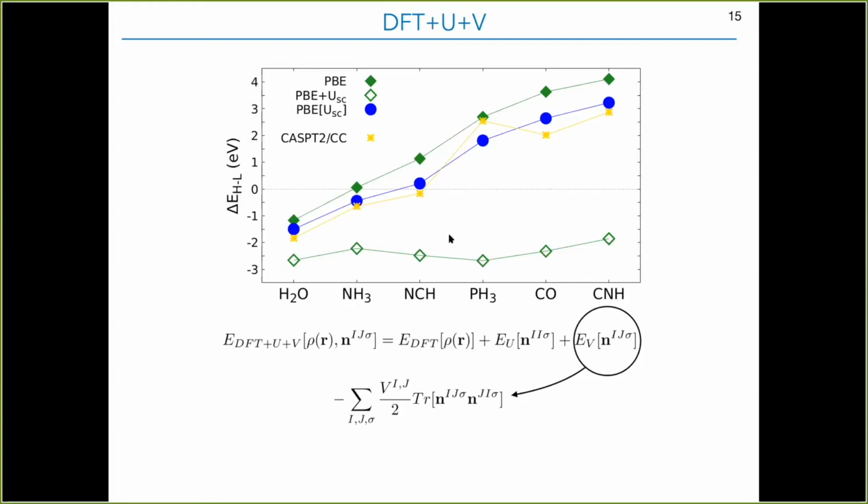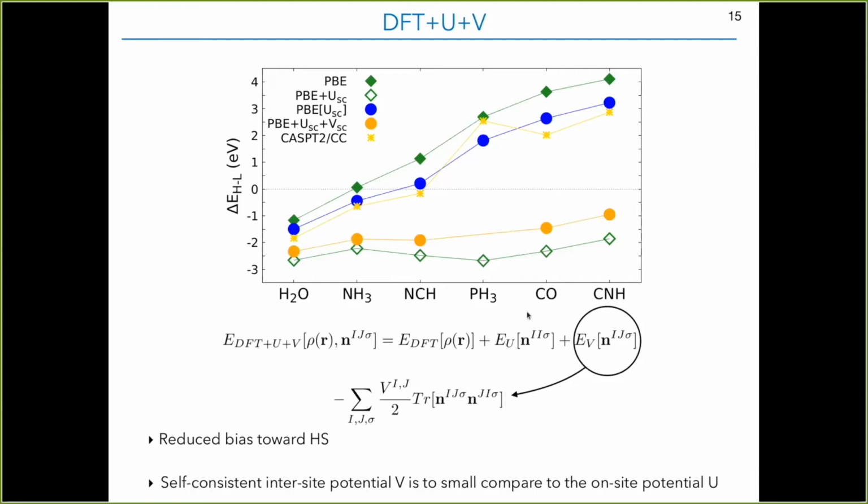An alternative way to remain in the framework of DFT plus U while treating systems characterized by strong covalency is that of introducing an intersite potential V. This potential results in a contribution to the total DFT plus U plus V energy that counterbalances the penalization for fractional occupancies due to the on-site U potential.